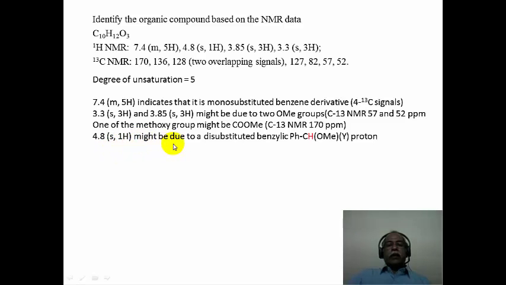So, 4.8 might be due to a disubstituted benzylic position. This is the highest delta value among the aliphatic signals that you see here, which is why I am saying that it is disubstituted. One substituent is methoxy, the other is COOMe, and the third substituent is phenyl. So essentially you have a benzylic hydrogen with 2 substituents, which pushes the chemical shift all the way up to 4.8 ppm.